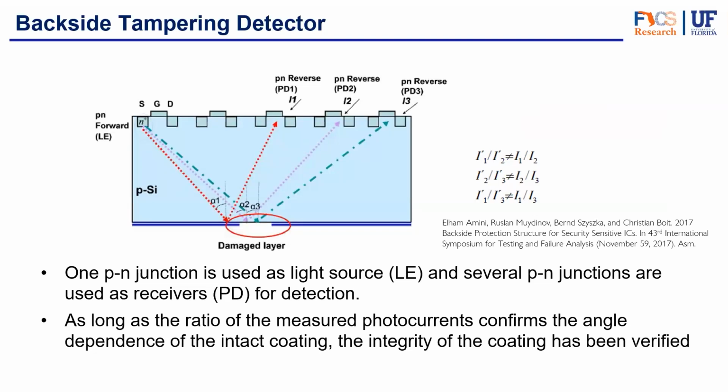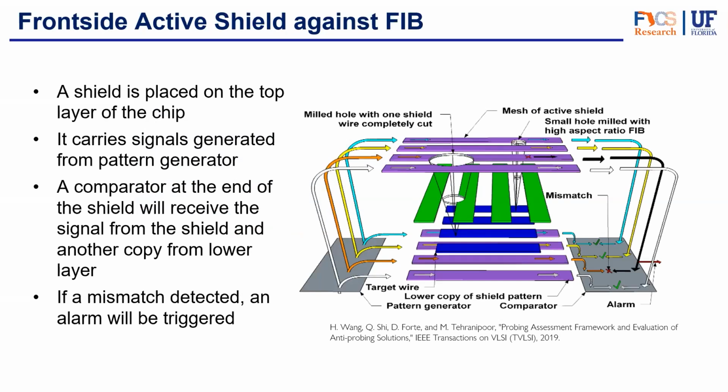One of the most applicable techniques is protecting the backside using PN junctions, to make sure that if some current is leaked or new current is introduced in the design, it will be detected. Another technique is frontside active shielding, which tries to find whether there is a FIB attack happening in the design.